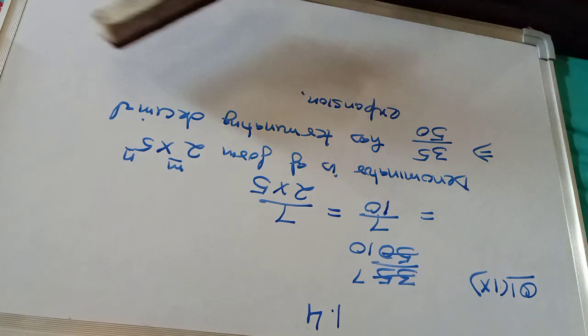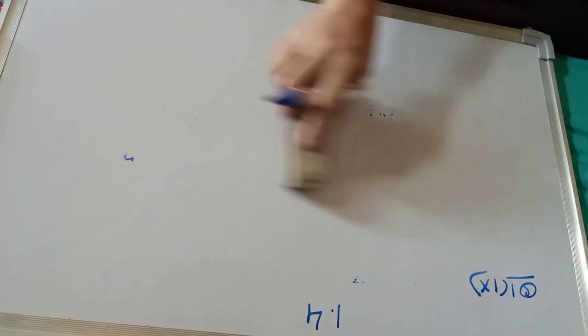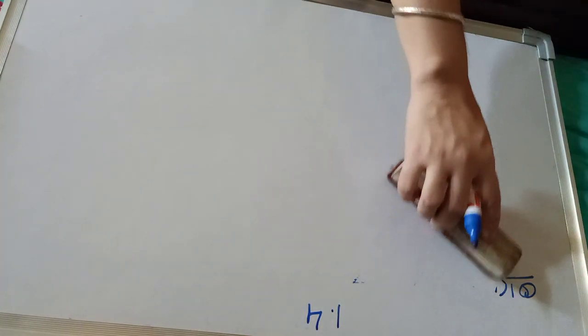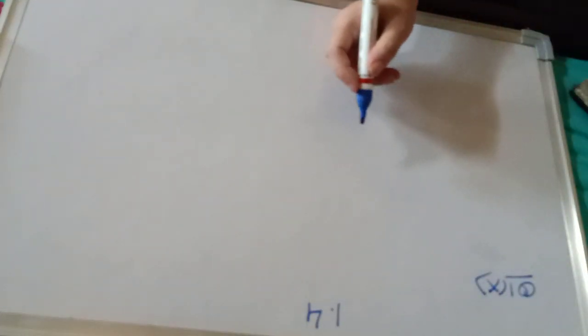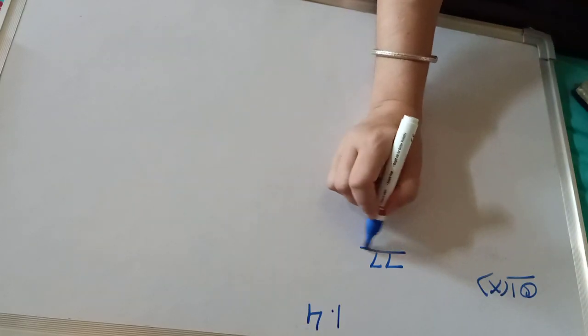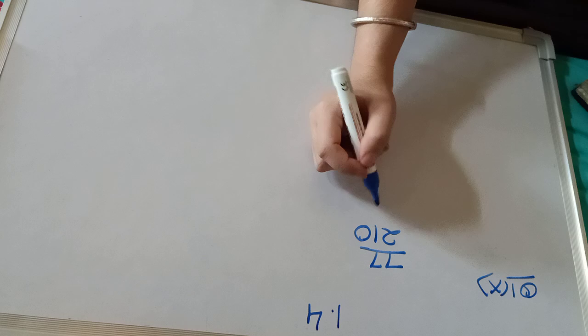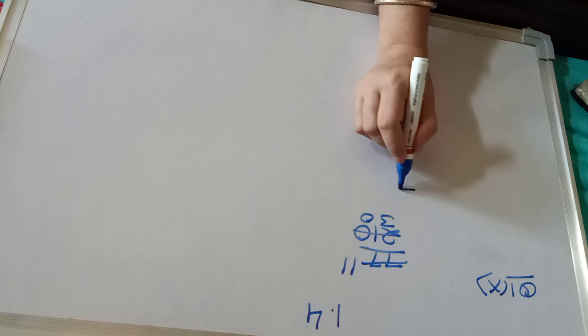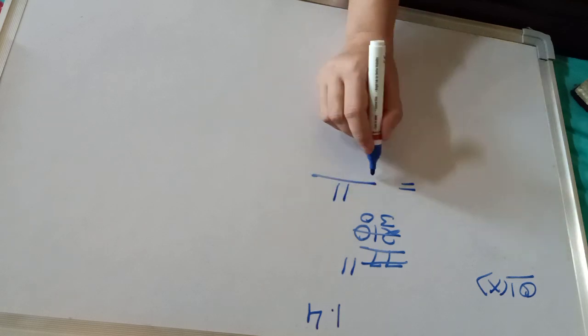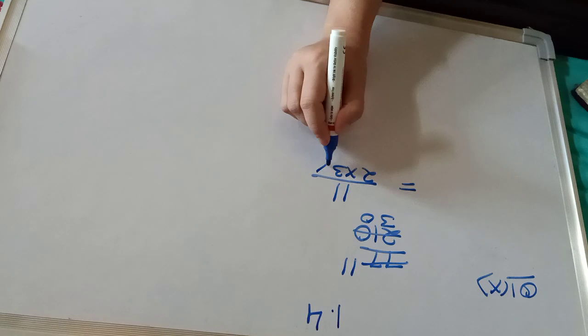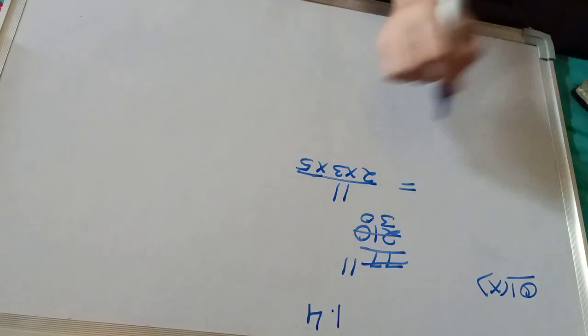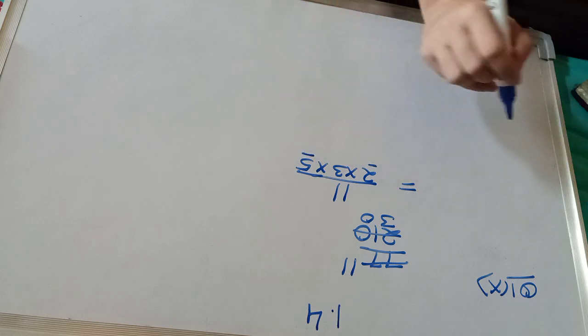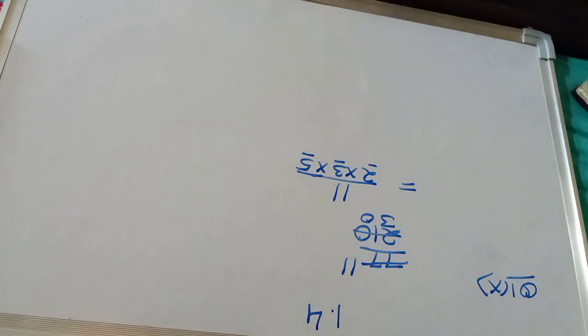Now come to your last part. That is your 10th one of the question number 1. Your question is 77 over 210. So with 7 it is 11 upon 30. 11 upon 30 means 2 3s are 6, 6 5s are 30. Now it has factors of the form 2 and 5, but another factor is 3.